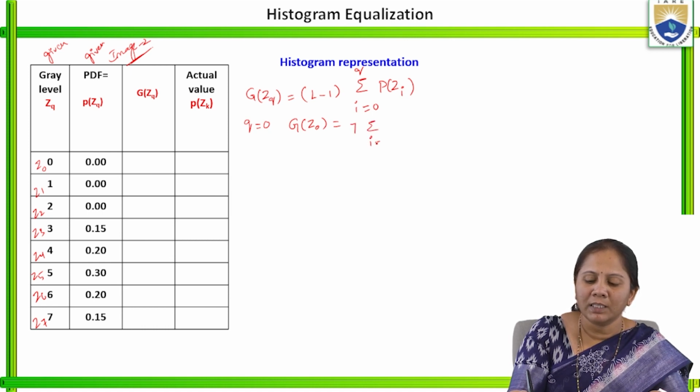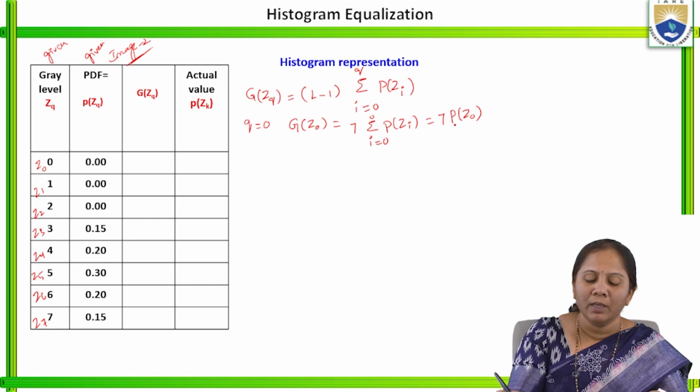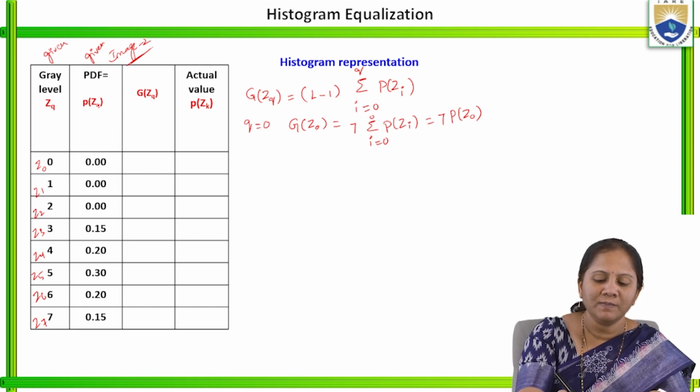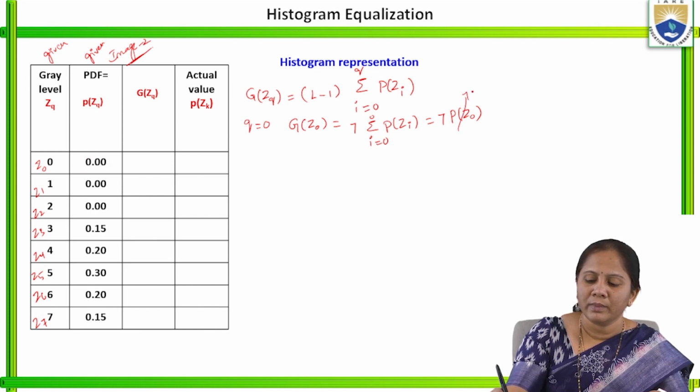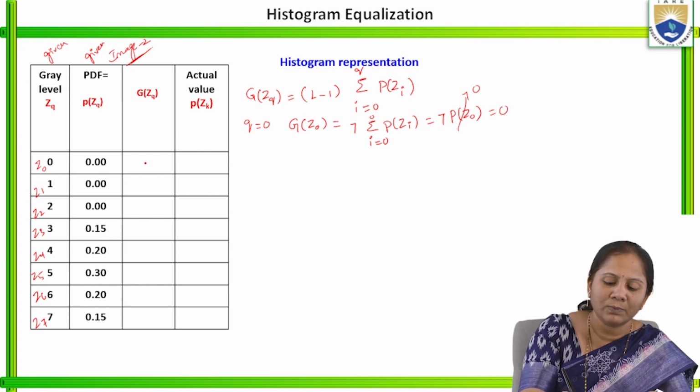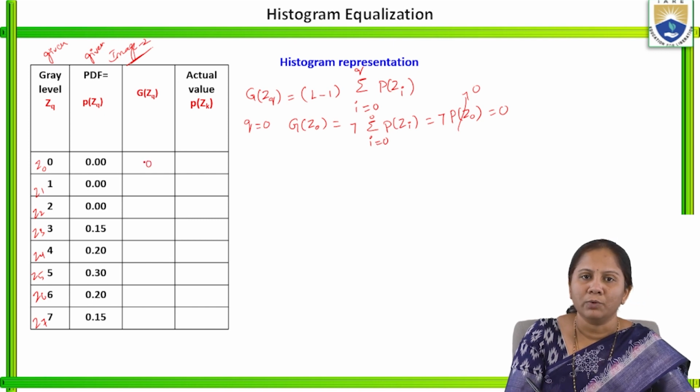Sigma i equals 0, Q is also 0, P of Zi. So we will have 7 times P of Z0. Here we can see P of ZQ for 0 is 0. So 7 into 0, for Q equal to 0, G of Z0 will be 0.